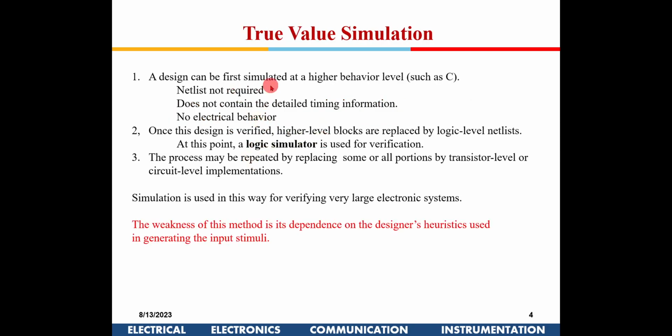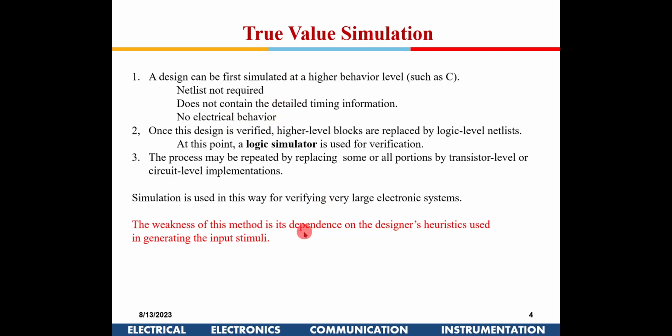Now when we do true value simulation, it can be done at a behavioral level also, in C itself, right? In that case the timing information is not available, because you have not yet synthesized it. So when you are running this first verification at a high level, the delays of the gates and the parasitics are not available. But you can still verify whether your design is correct or not functionally.